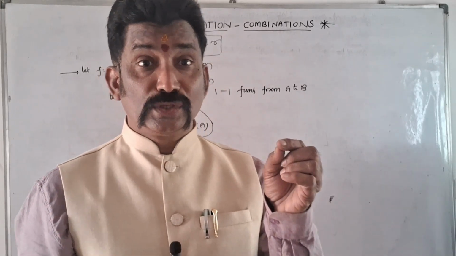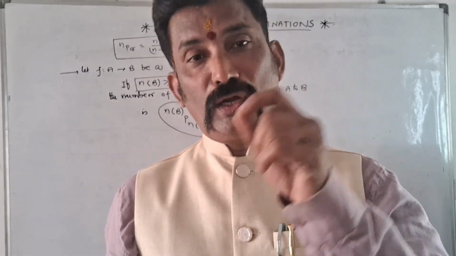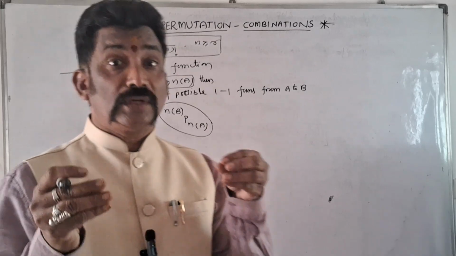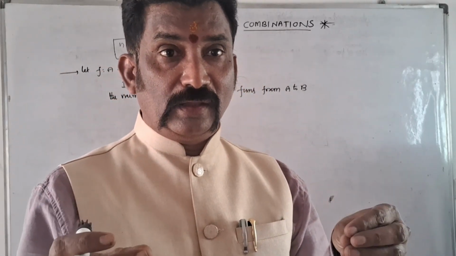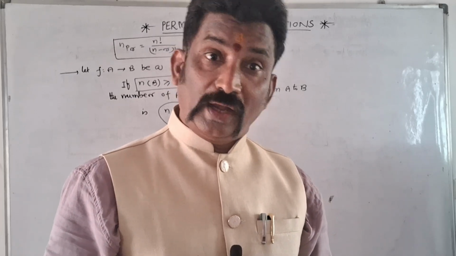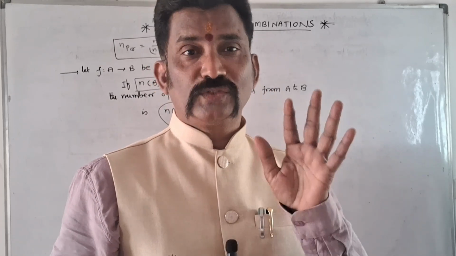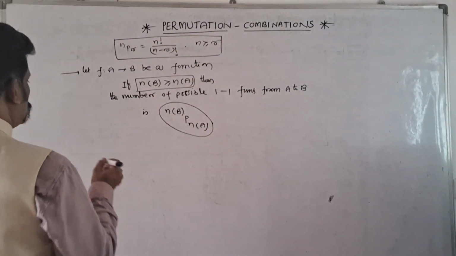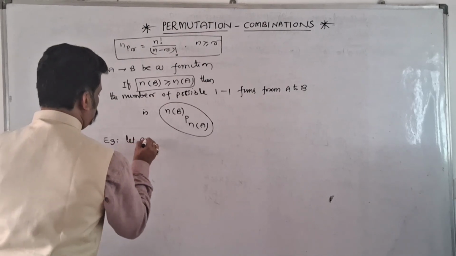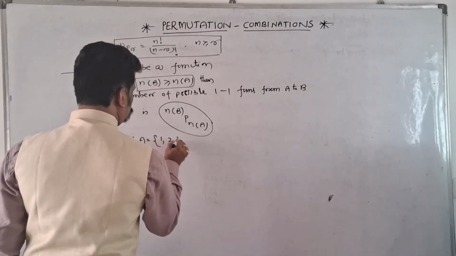So the number of possible one-one functions from A to B is n of B P n of A. Once you check whether n of B is equal to n of A, or n of B greater than n of A, or n of B less than n of A, that is very important. Three cases there. So suppose, for example, let capital A be the set {1, 2}.